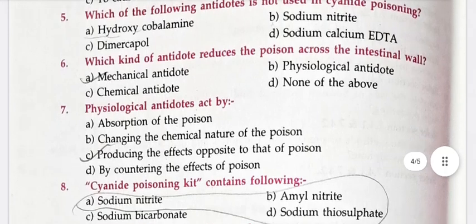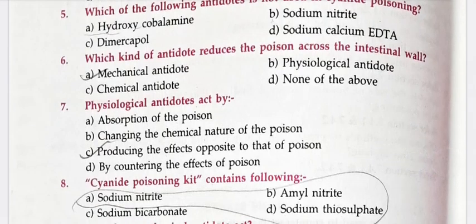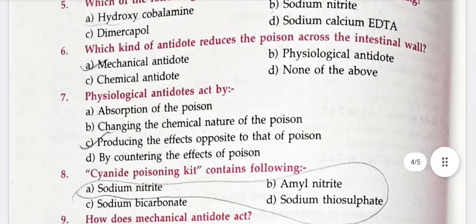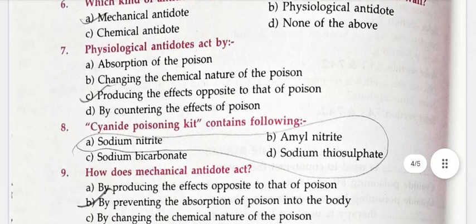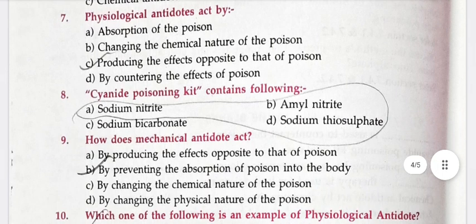Okay, next: a physiological antidote acts by producing an effect opposite to that of the poison. I already told you, ferrous converting to the ferric form, so that absorption of poison is prevented.